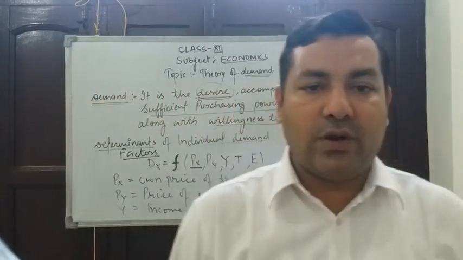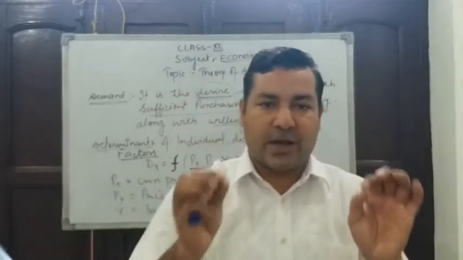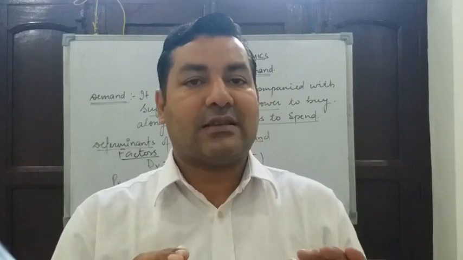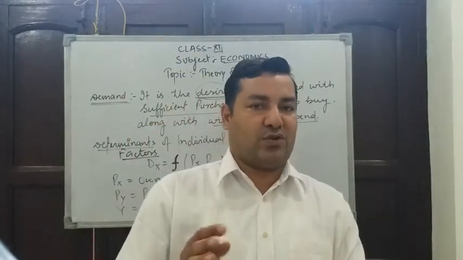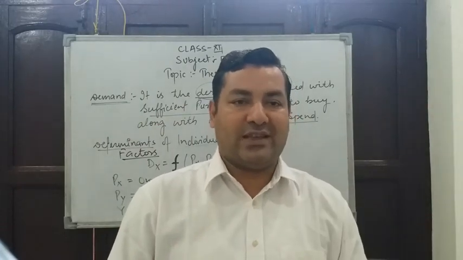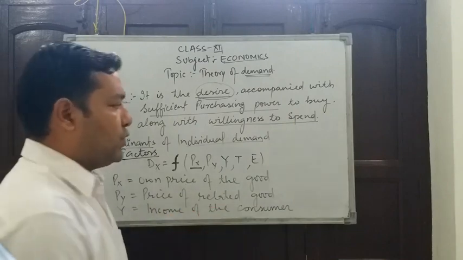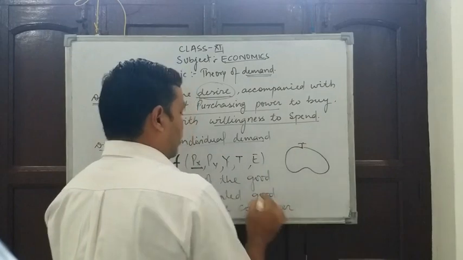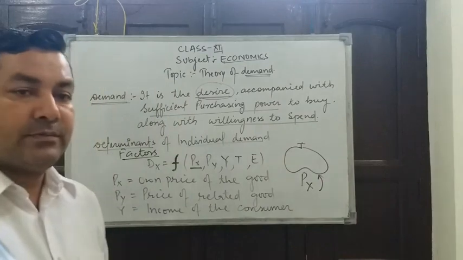प्राइस ऑफ द गुड, और प्राइस ऑफ द गुड दो डिफरेंट थिंग्स हैं। उस सामान को जिसको हम लेना चाहते हैं उसकी खुद की कीमत एक चीज़, सेकेंड थिंग किस सामान की कीमत। अब जब हम ये कहते हैं सामान की कीमत तो हो सकता है किसी दूसरे सामान की कीमत, तो इसीलिए यहाँ Px का मतलब है प्राइस ऑफ द गुड। Suppose we want to buy an apple, so Px means price of apple.